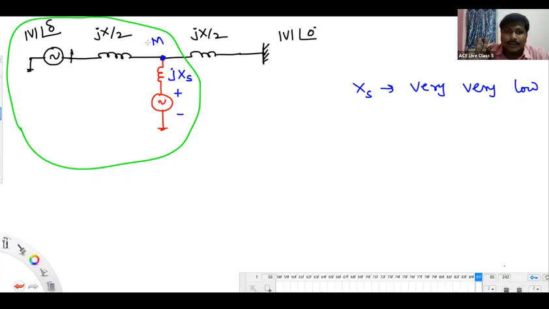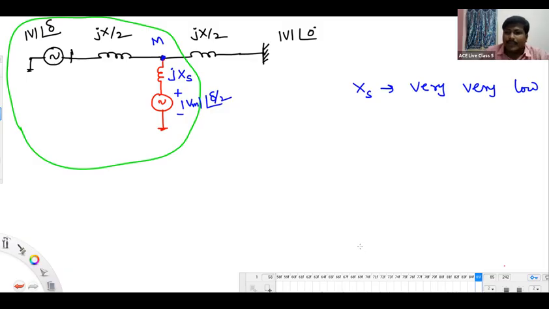Kindly observe. What is this source voltage? As Xs is a very, very low number, this voltage will be approximately mod Vm at an angle delta by 2 only. How many of you accept it?